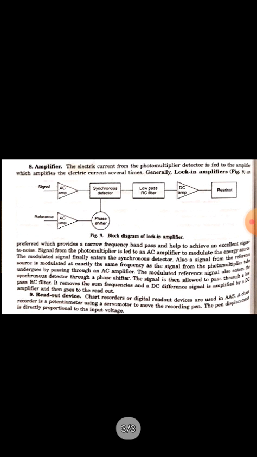This lock-in amplifier provides a narrow frequency band pass and helps to achieve an excellent signal to noise ratio. The signal from the photomultiplier is fed to an AC amplifier to modulate the energy source. The modulated signal enters the synchronous detector. Also, a signal from the reference source is modulated at exactly the same frequency as the signal from the photomultiplier tube.